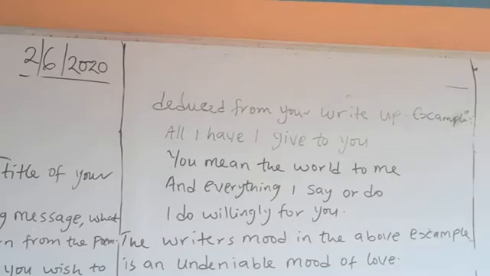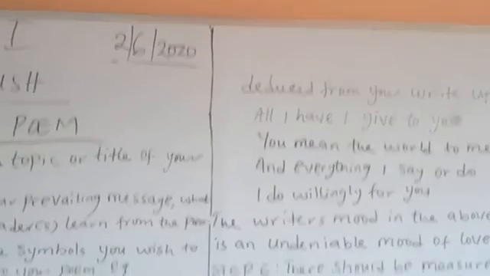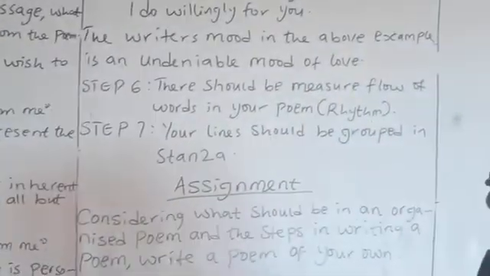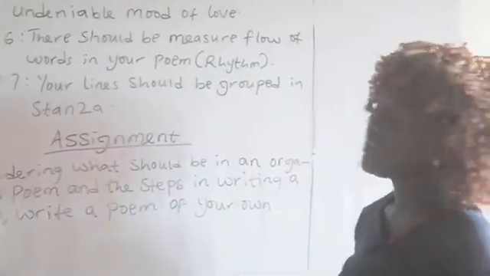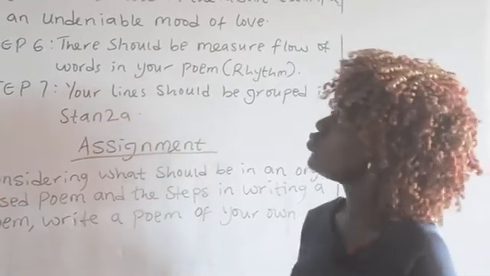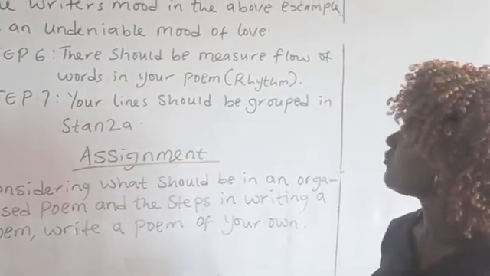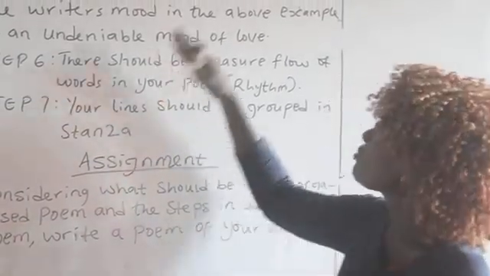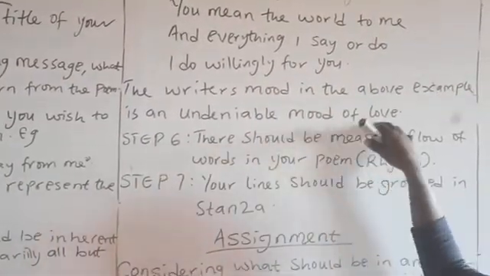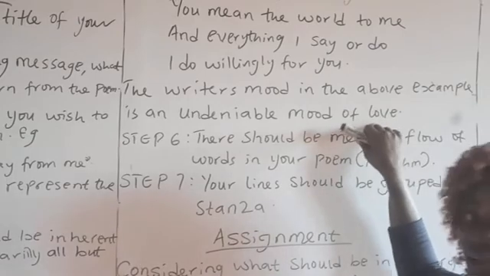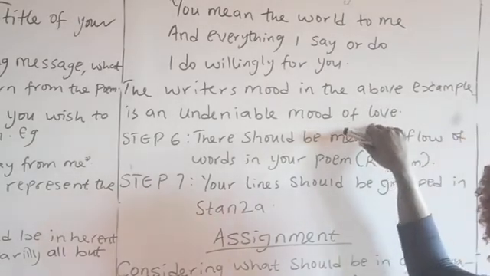You mean the world to me, and everything I say or do, I do willingly for you." The writer's mood in the above example is an undeniable mood of love.